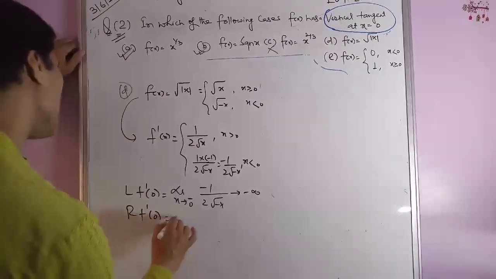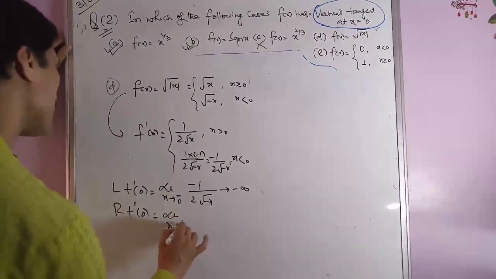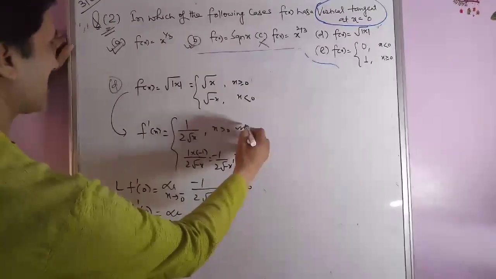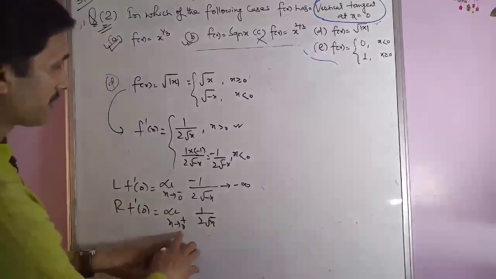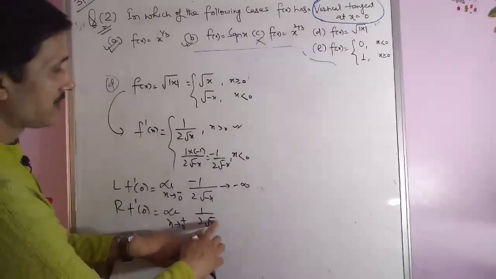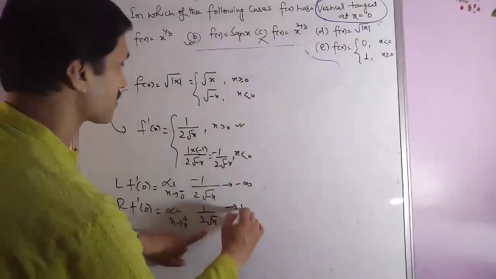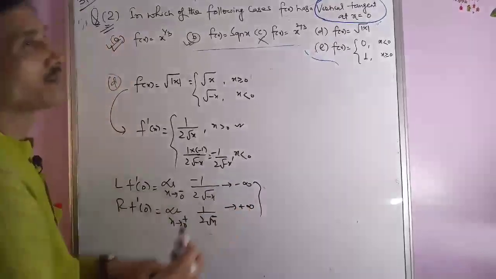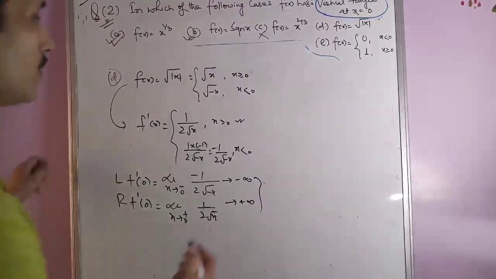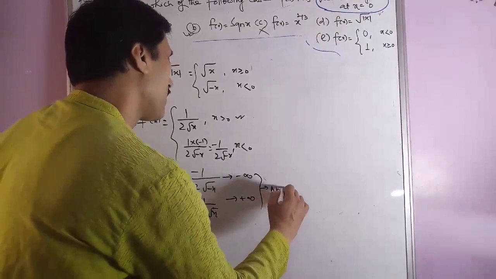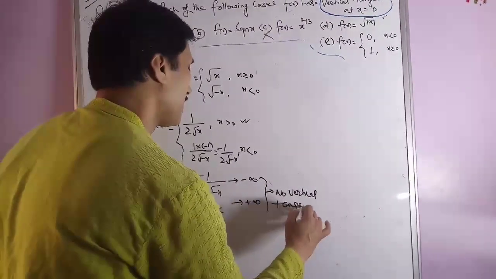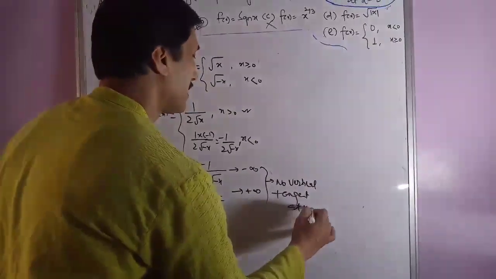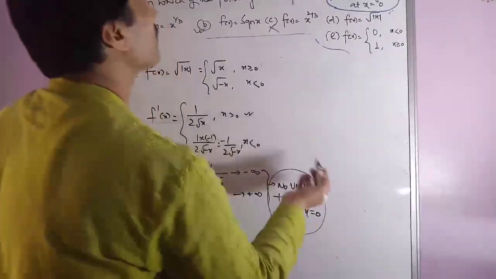The right derivative at 0, limit x tends to 0 plus, for x greater than 0 we have the function 1 upon 2 root x. Obviously as x tends to 0, this is 0, 1 by 0 is infinity, tends to plus infinity. Clearly both are different. So no vertical tangent at x equal to 0.